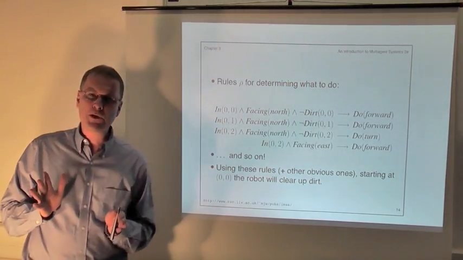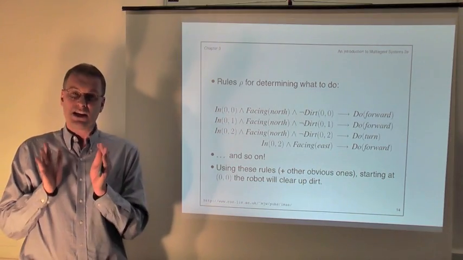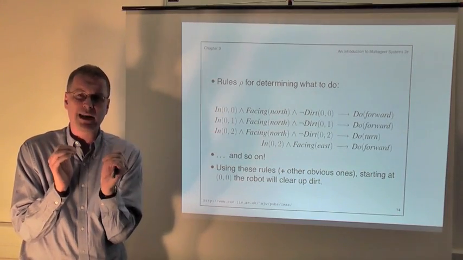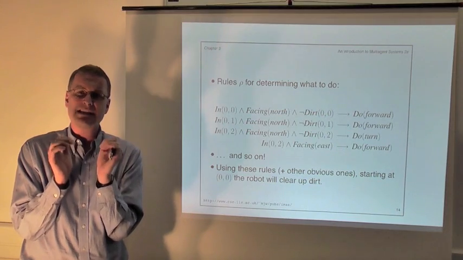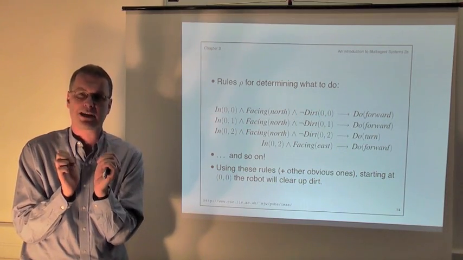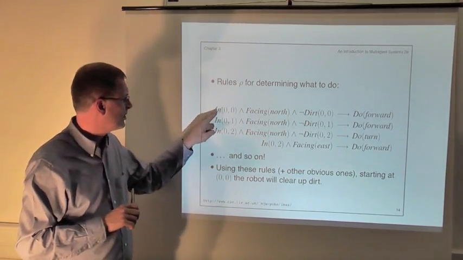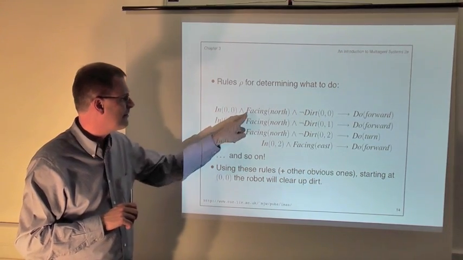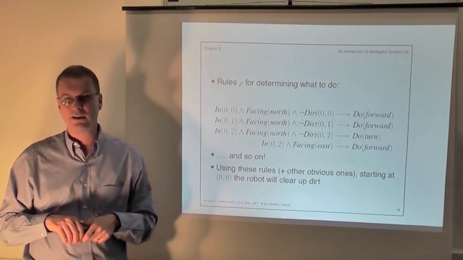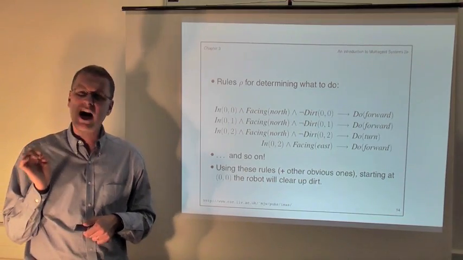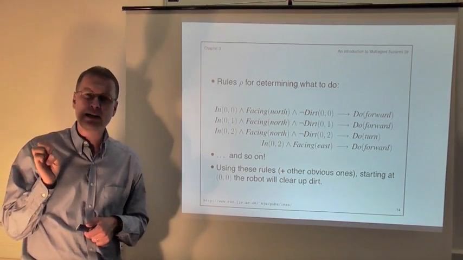So, in its purest expression, this deductive reasoning paradigm says that the internal symbolic data structure that an agent has is made up of logical formulas which describe the environment. And here, these logical formulas are things like in 0, 0, facing north, and so on. And the second thing that this approach says is that you decide what to do by proving a theorem.